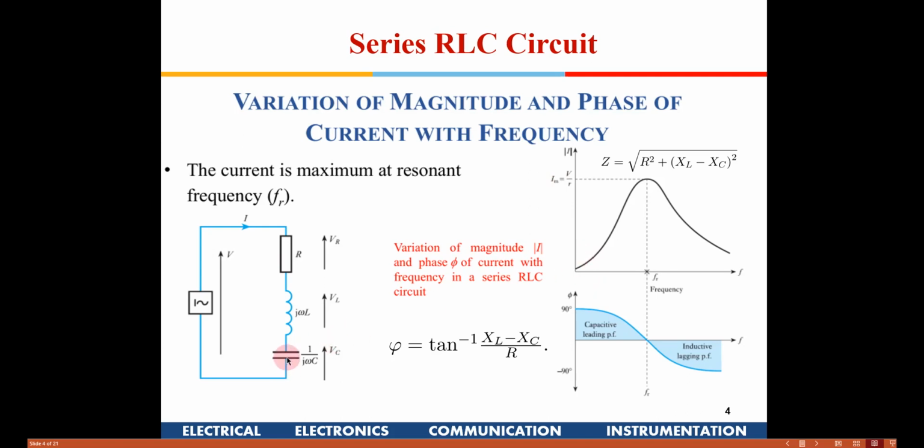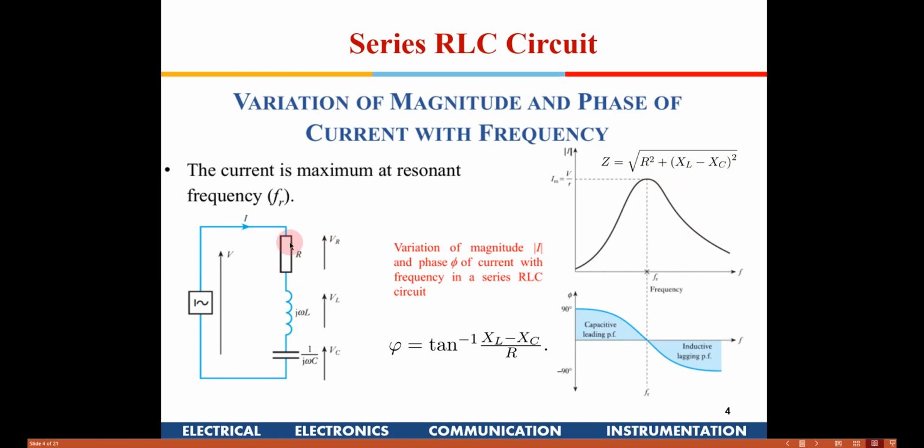Then slowly as the frequency increases, XC decreases and XL also increases, so the net impedance decreases, the current will keep increasing, and it will reach a maximum value when XL minus XC is equal to 0. We'll do this derivation subsequently. What is the condition for this to be a maximum? It will be maximum when XL is equal to XC and they get cancelled.